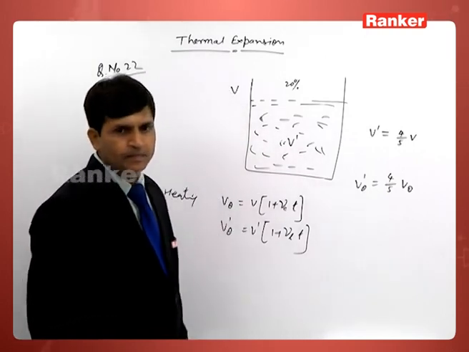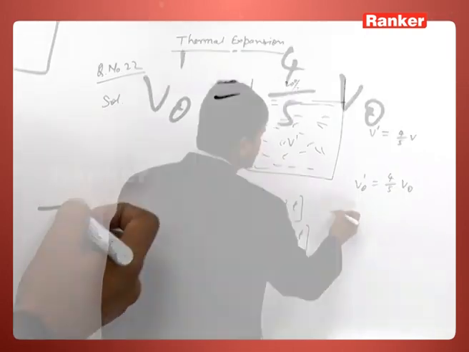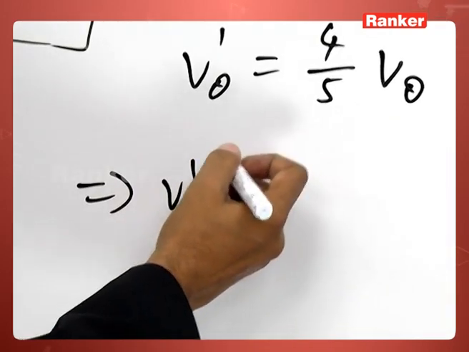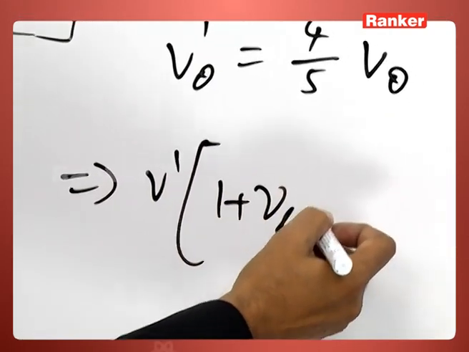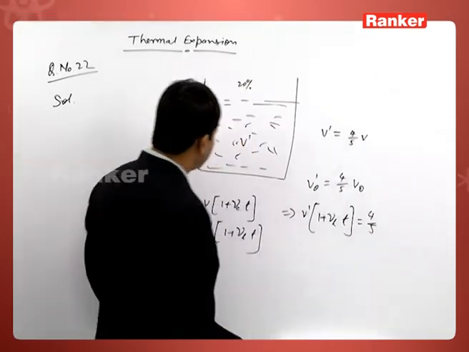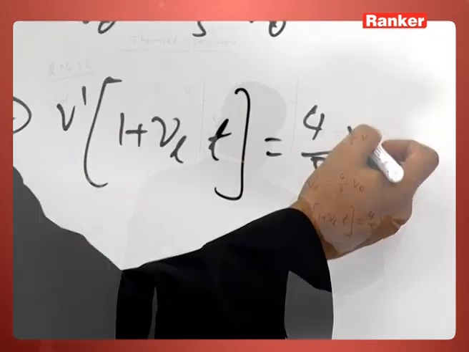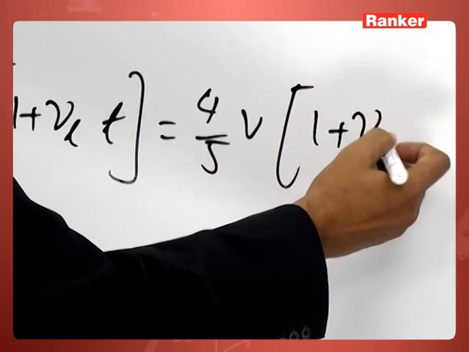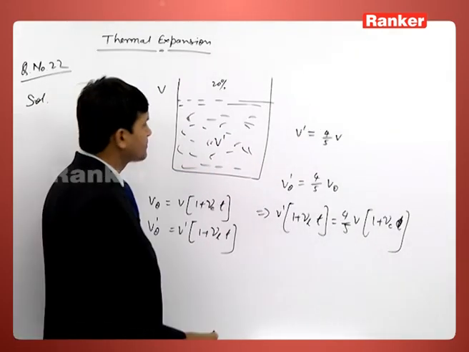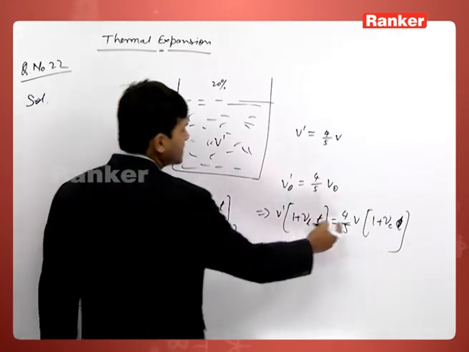So V dash into 1 plus gamma L into T is equal to 4 by 5 into V into 1 plus gamma C into T. And V dash is 4 by 5 V, so V dash cancels.